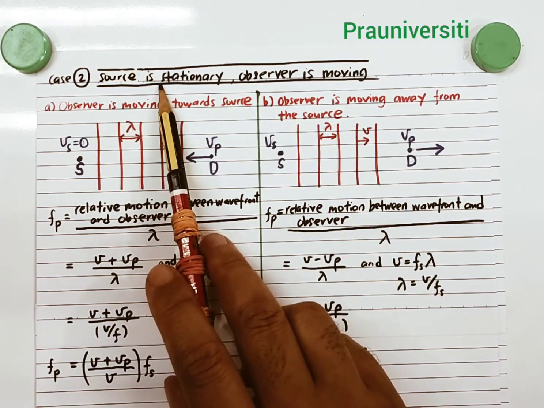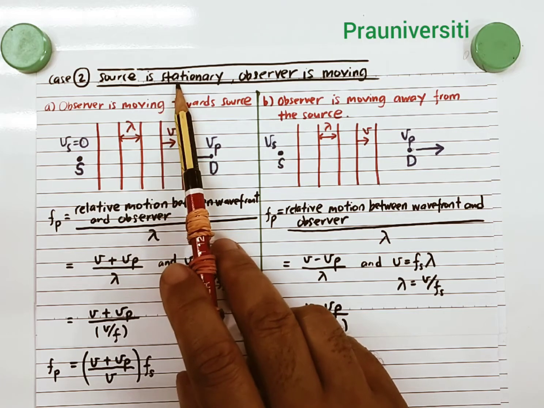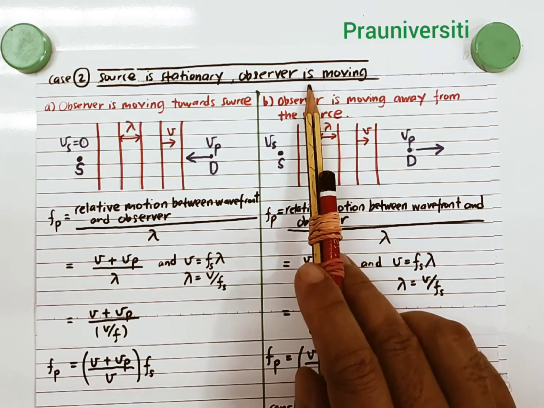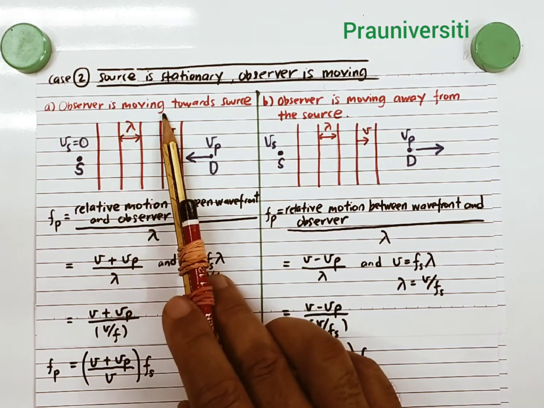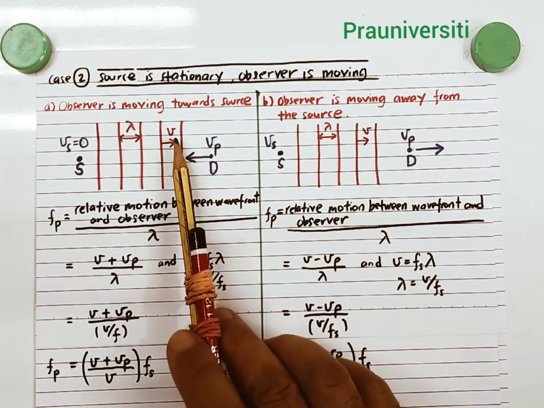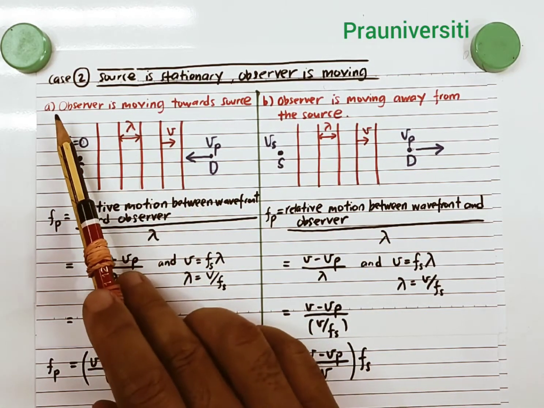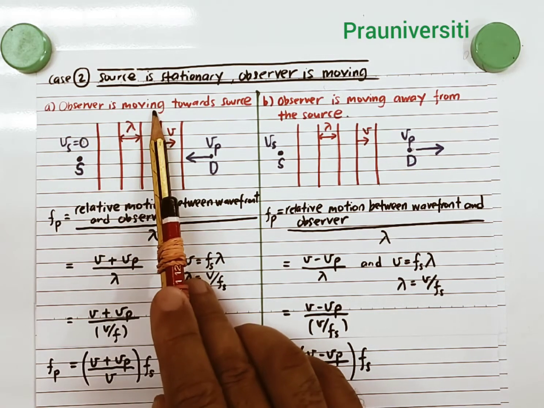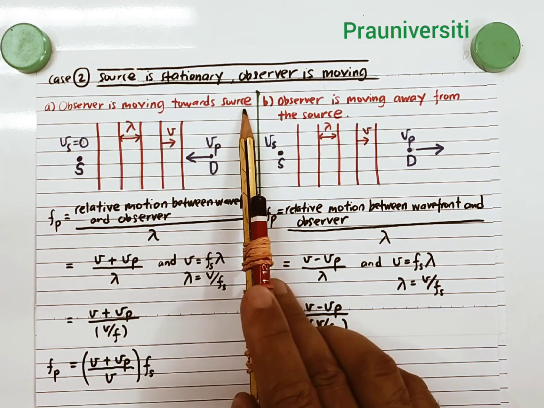In this case, the source of the sound wave is stationary, not moving, but the observer is moving. So the observer is moving either toward the source or away from the source. We go one by one. So we go for case A. The observer is moving toward the source.